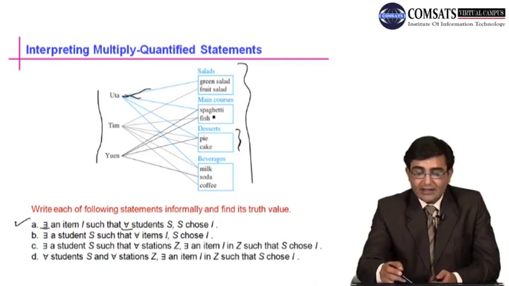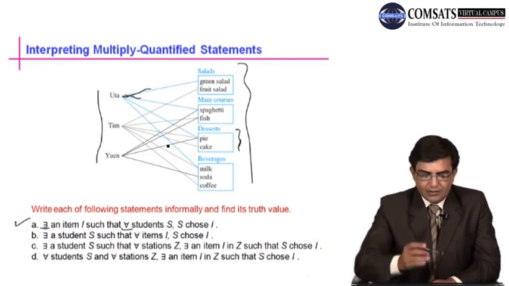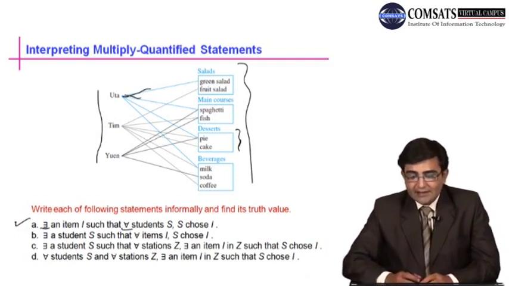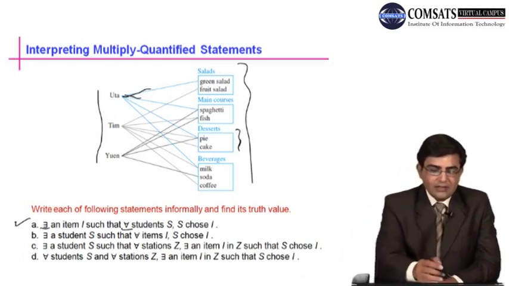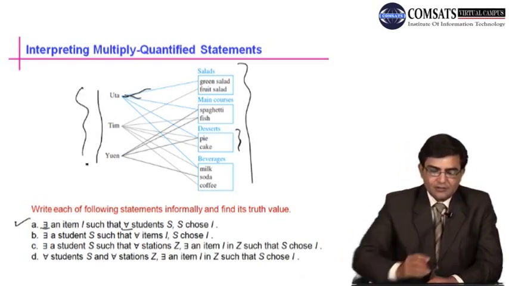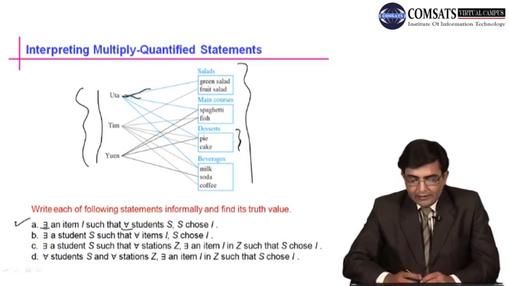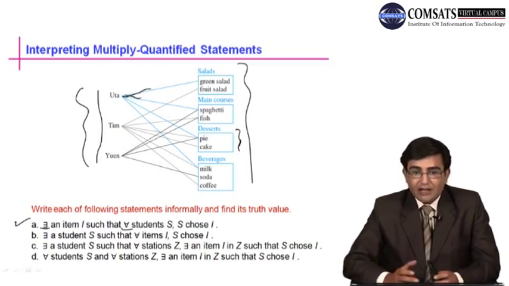So these are not items chosen by everybody. Now here pie is chosen by Uta, pie is chosen by Tim, pie is chosen by Yuan. So pie is the item which is chosen by all these three students.